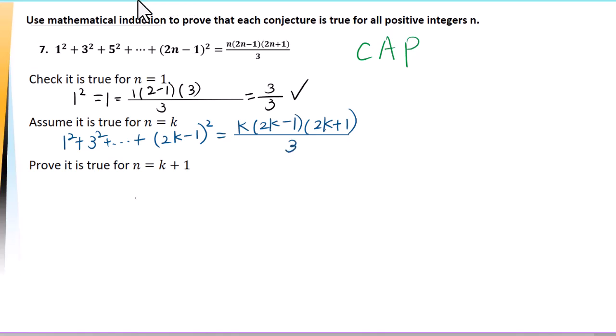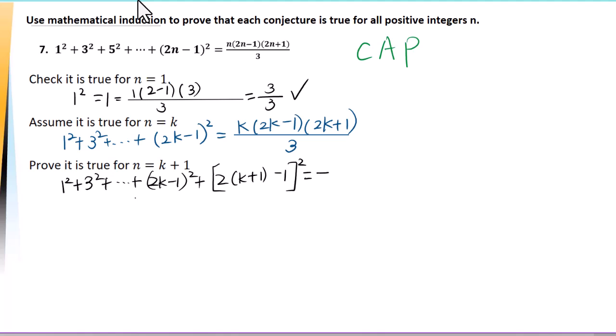Prove it is true for n equals k plus 1. We need to add the k plus 1th term on the left side: plus 2k minus 1 squared plus 2 times k plus 1 minus 1 squared.